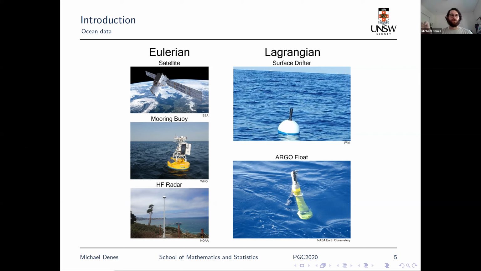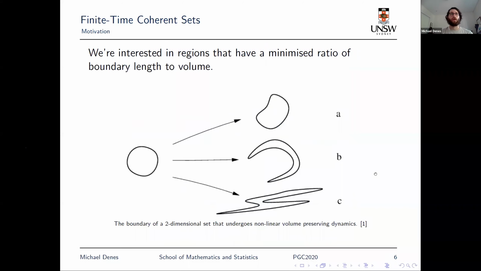And we can use those ocean models to make sense of what's going on in the real world. So in our approach, eddies are moving objects, and so we don't really want to see them in a fixed frame. We want to move with them. So arguably the best data for us to use would be the Lagrangian data.